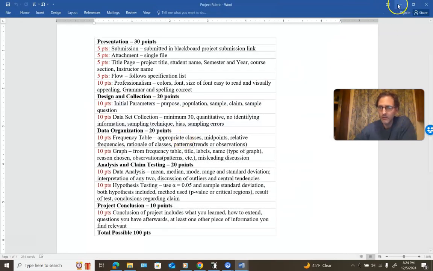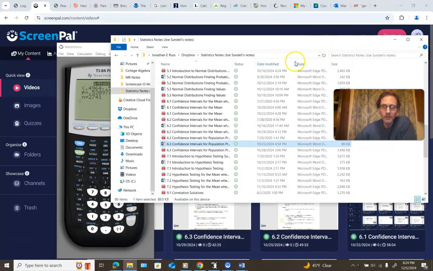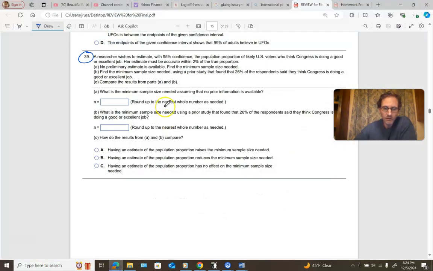So let me write this in the notes here. n is equal to p hat times q hat over z of c over the margin of error, and all of this is squared. So we're going to be using 0.5 for both p hat and q hat.